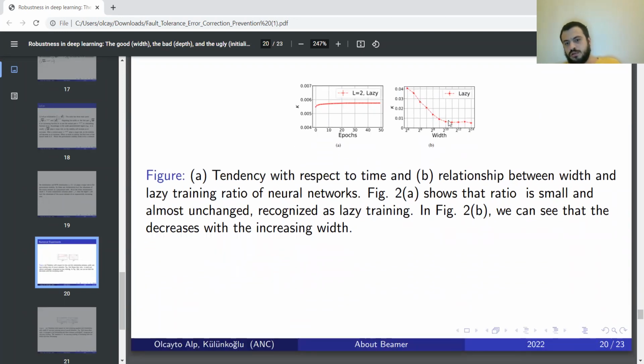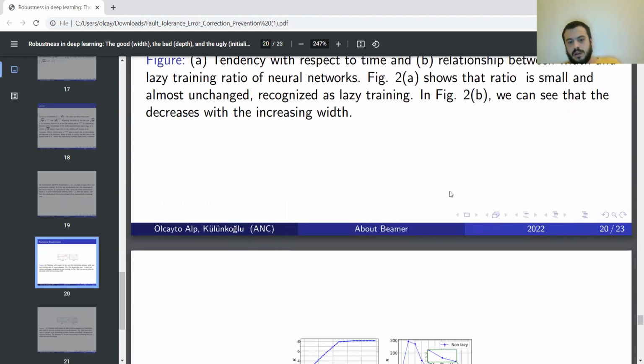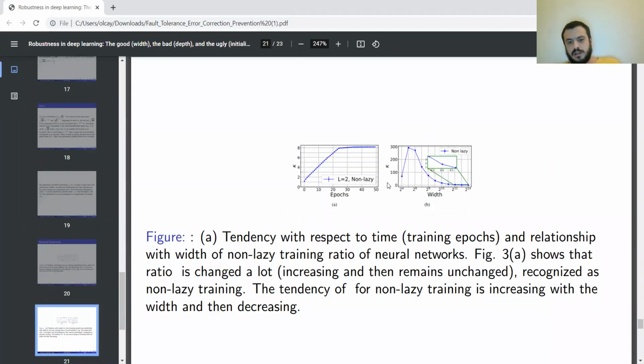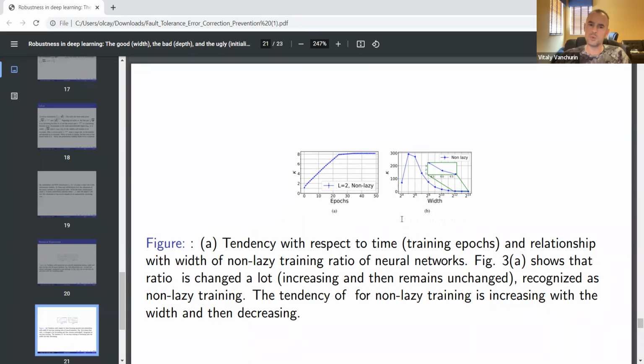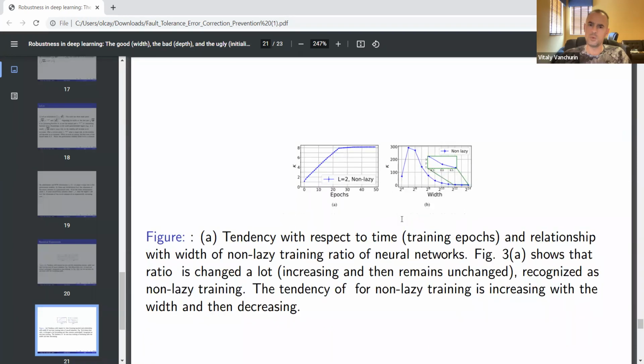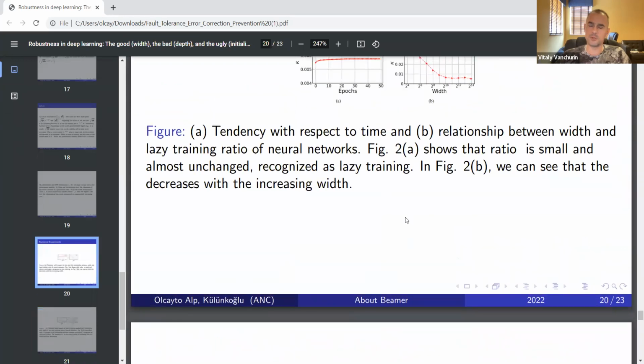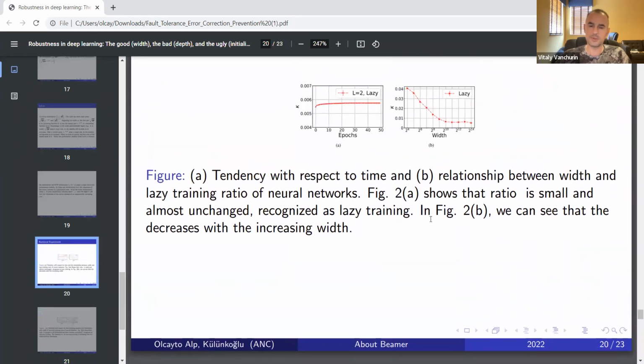So it turns to a non-lazy training regime as the width increases, and these are the numerical evidence of it. When does it turn to the non-lazy regime? With time, or with the width, with the variance? With the width. With width, you get more variance in the changes of weights.